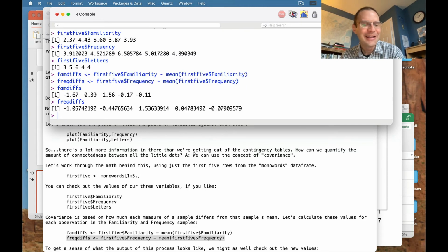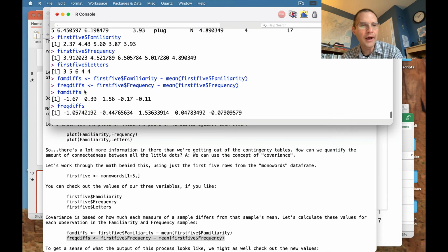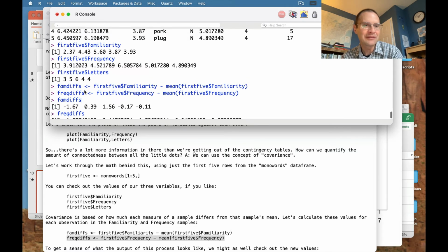Anyways, these are the differences between the individual values and the mean values of these measures. I don't know exactly what the mean familiarity value would be. I guess it's going to be 4.04, because this is 4.43 and that's 0.39 more than the mean. So for the third word, we have a lot of familiarity because this is a highly positive value.